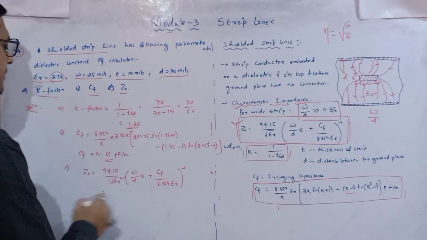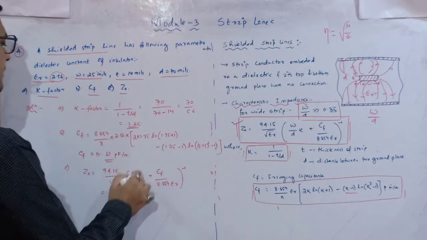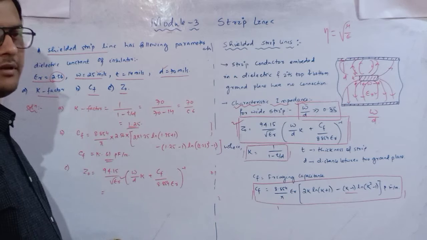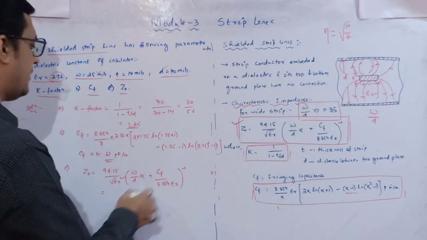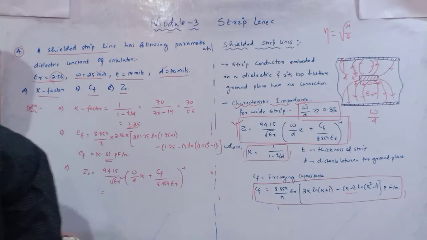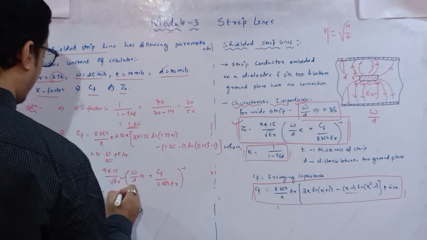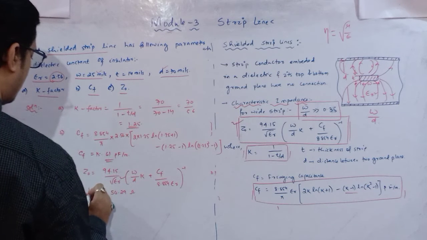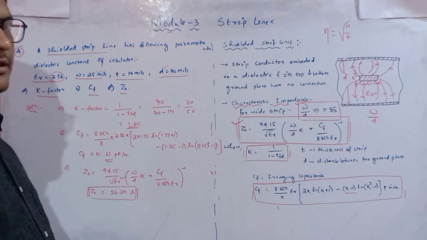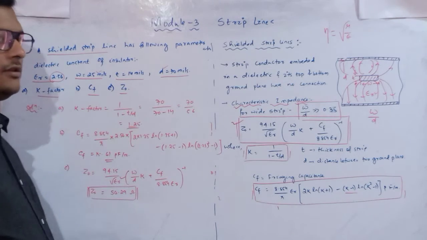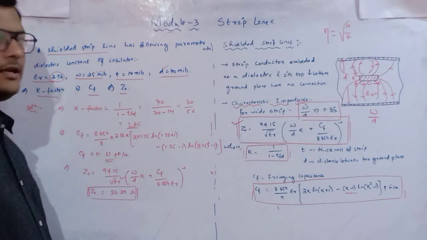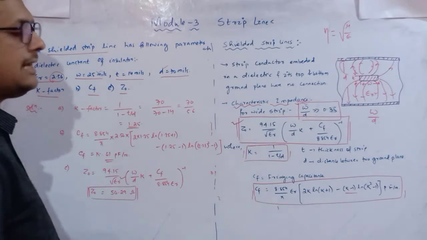Epsilon r is 2.56, W is 25, D is 70, CF is 15.61 picofarad per meter, and epsilon r is 2.56. If you calculate it, you will get around 50.29 ohm. This is the characteristic impedance you determine after substituting the values. I have directly written the value, just check it out. You only need to substitute all these values in this particular equation. So this is about the shielded strip line.